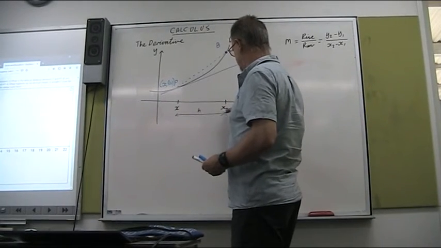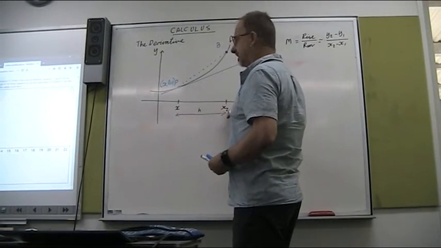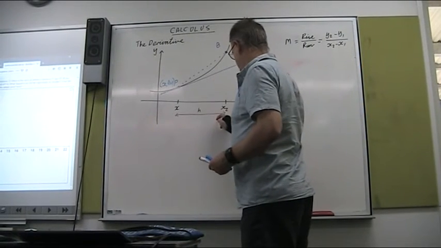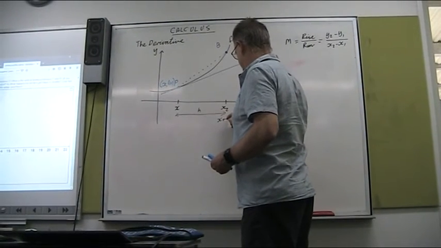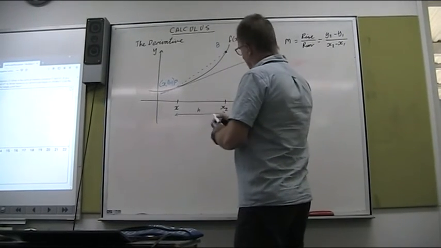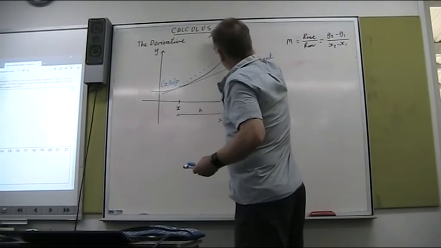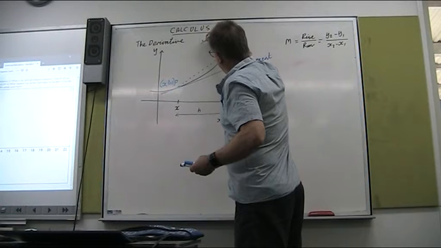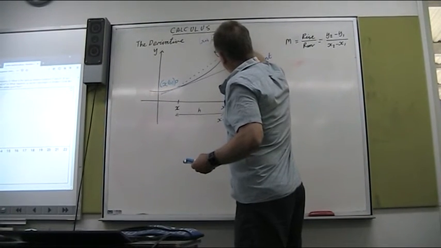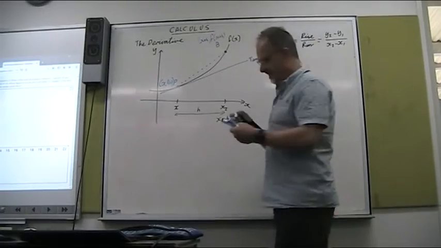So this second x value would be our original x value plus h. So the coordinates of point B would be x plus h, and in function notation, f of x plus h.